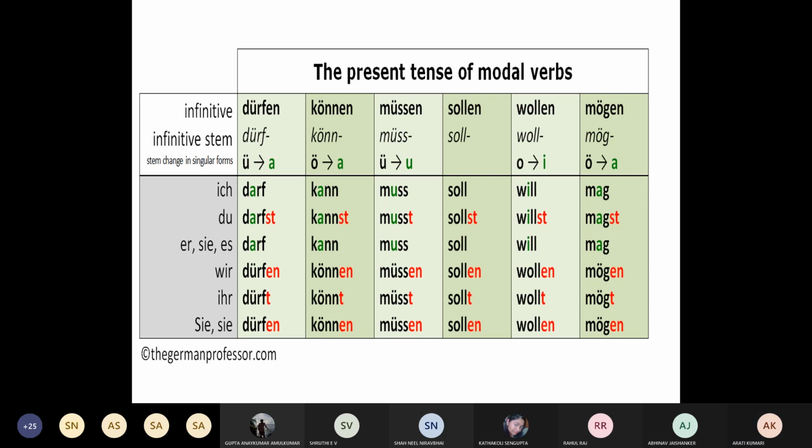Next, müssen. Ich muss. Du musst. Sie, es muss. Wir müssen. Ihr müsst. Sie müssen.